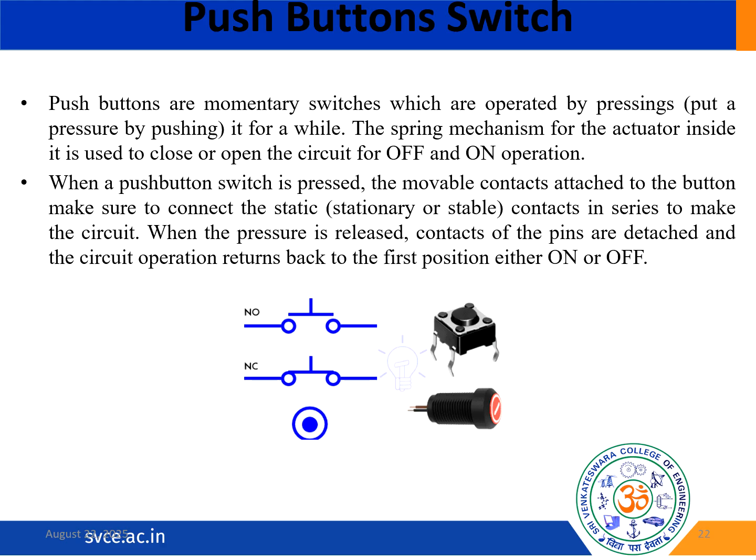Push button switches are momentary contact devices that operate through temporary pressure applied by the user. When a push button is pressed, the movable contact attached to the button makes a movement. It connects to the static or stationary contact in series to complete the circuit. The internal spring-loaded actuator drives the movable contact.